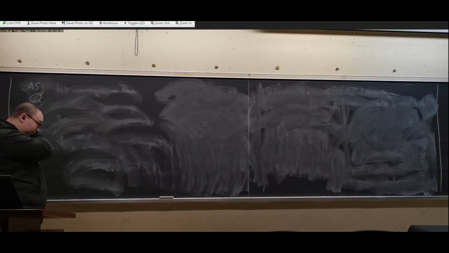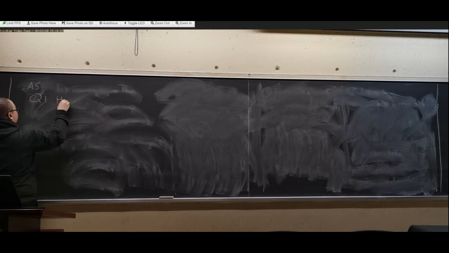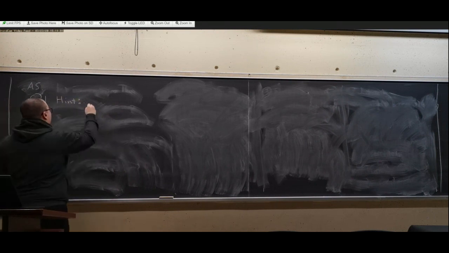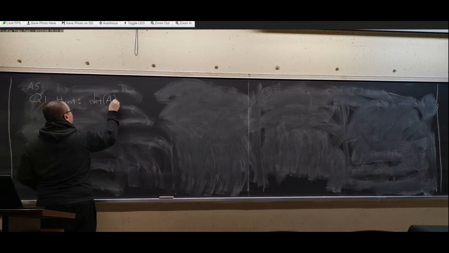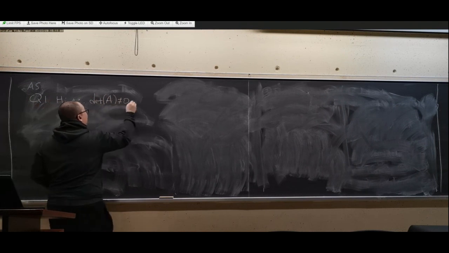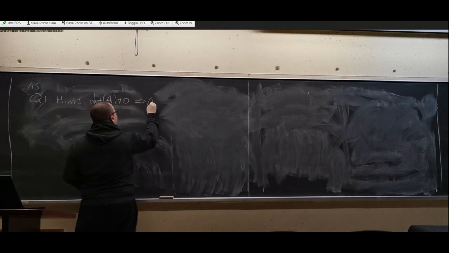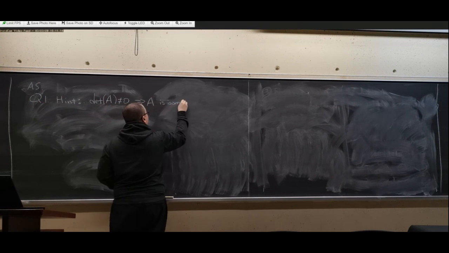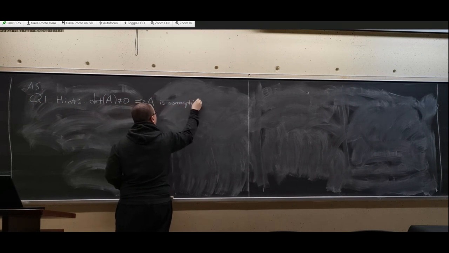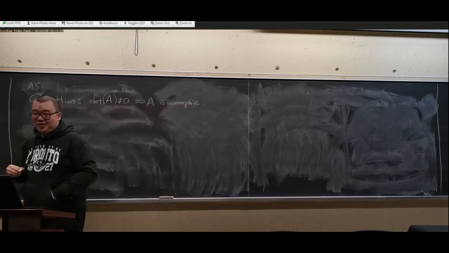So for determinant, pretty simple. For Q1, you can consider the hint: the fact that the determinant of A does not equal 0 means A is isomorphic. This is something that we do know, right?